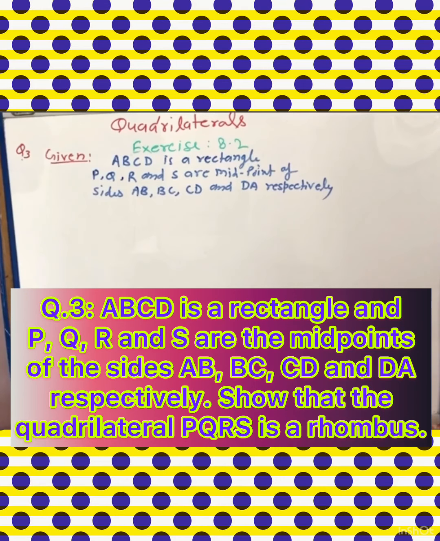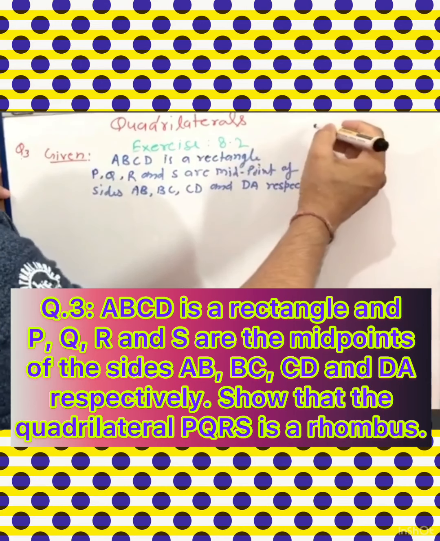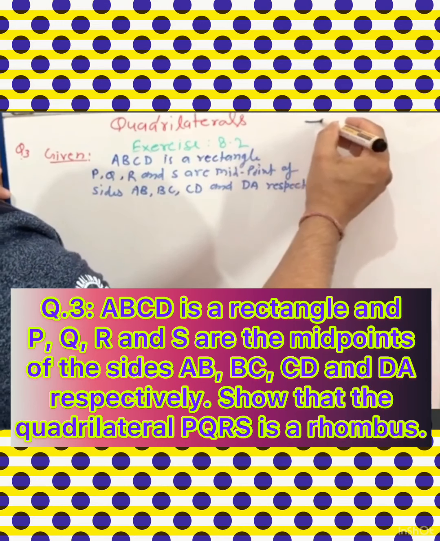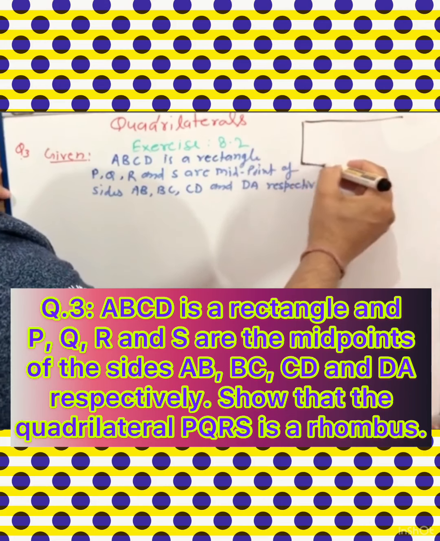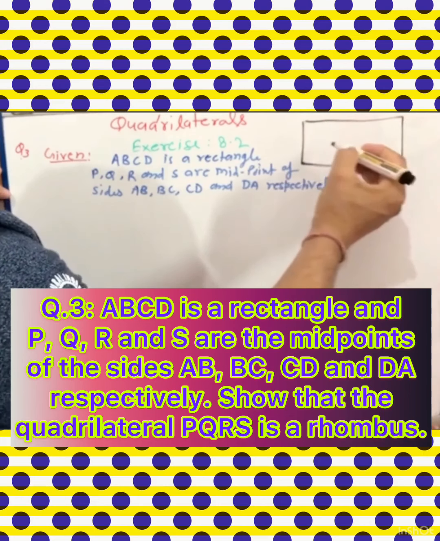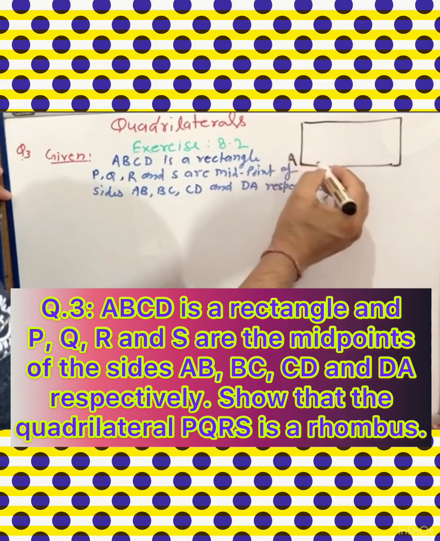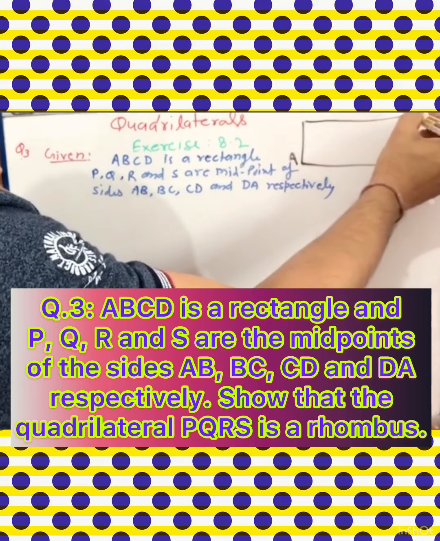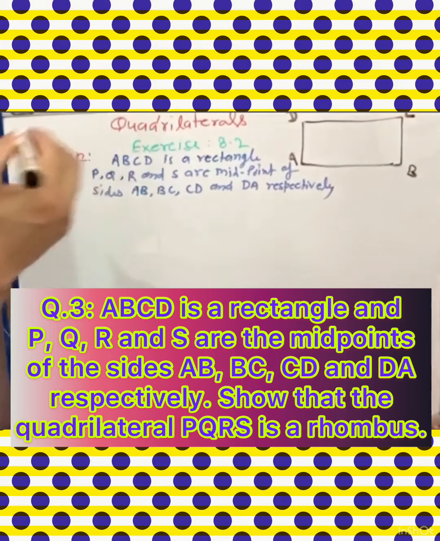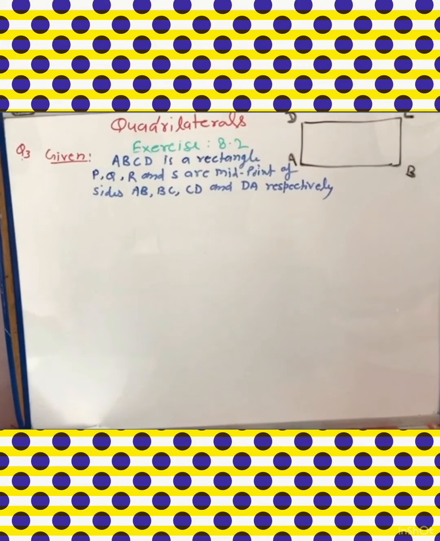Now according to the information, first of all we will draw a diagram, that is ABCD is a rectangle. So we will construct a diagram. This is a rectangle, and here we'll start from here, that is A, B, C and D. Okay, now the question says PQRS.